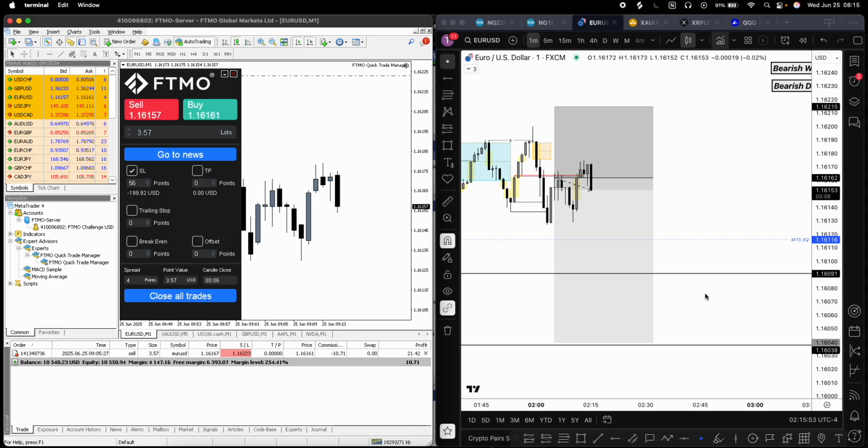So with the news usually comes manipulation, or what I like to call tomfoolery, which is usually like if you get in quite close to news and just before, you'll probably get stopped out just before price goes your way. So the fact that news is in the next session and it's in quite a while means we're probably more likely to have the right timing here.